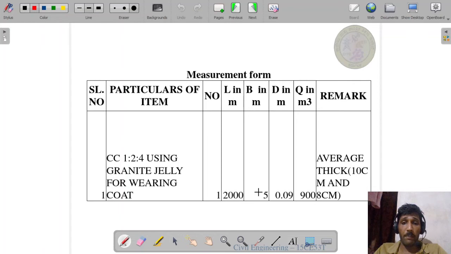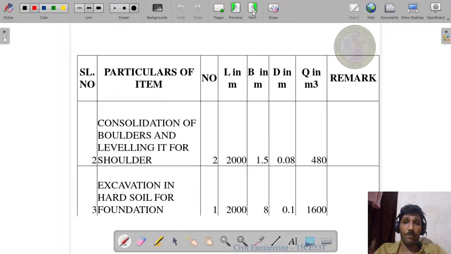Breadth is 5 meter, because only the CC portion of the wearing coat is 5 meter in breadth. Depth is the average thickness of 9 centimeter, that means 0.09 meter. Multiplying all the columns, the quantity is 900 meter cube.